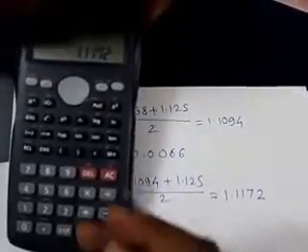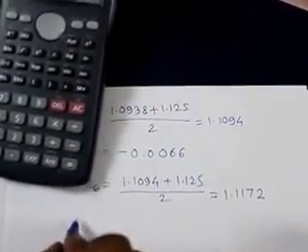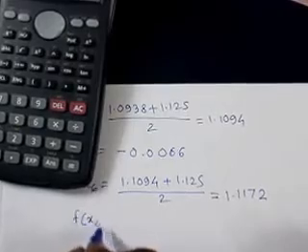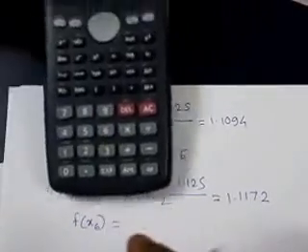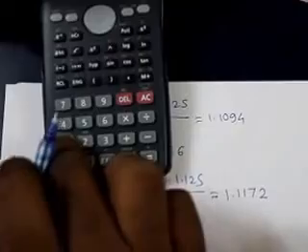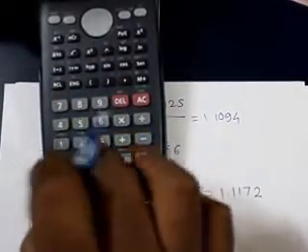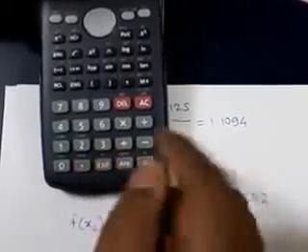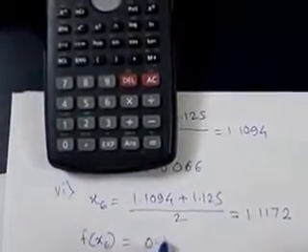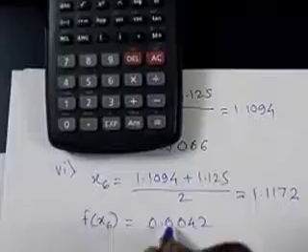Let's see what happens at f of x6. 1.1172 multiplied by sine of 1.1172 minus 1 gives you a positive value, 0.0042.